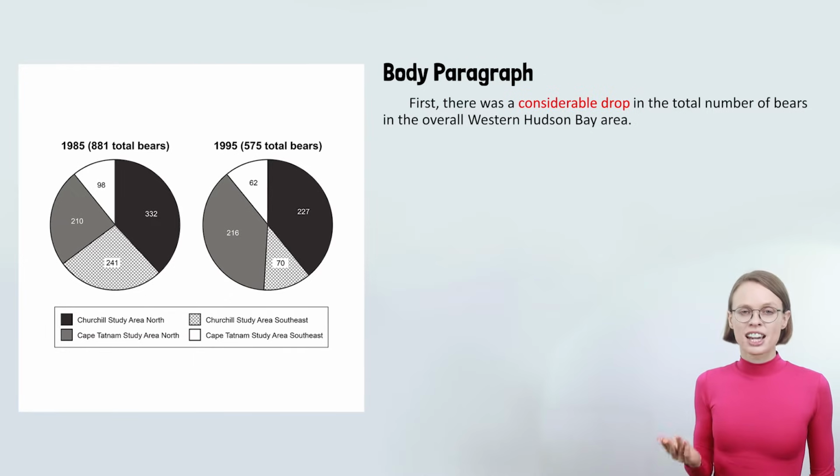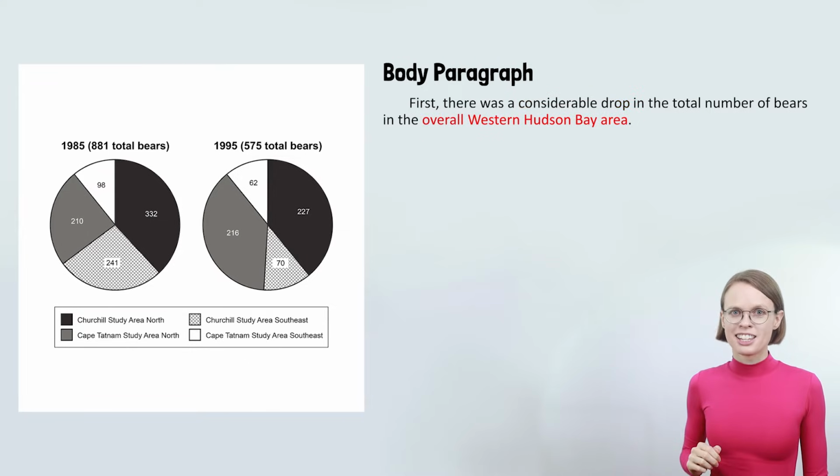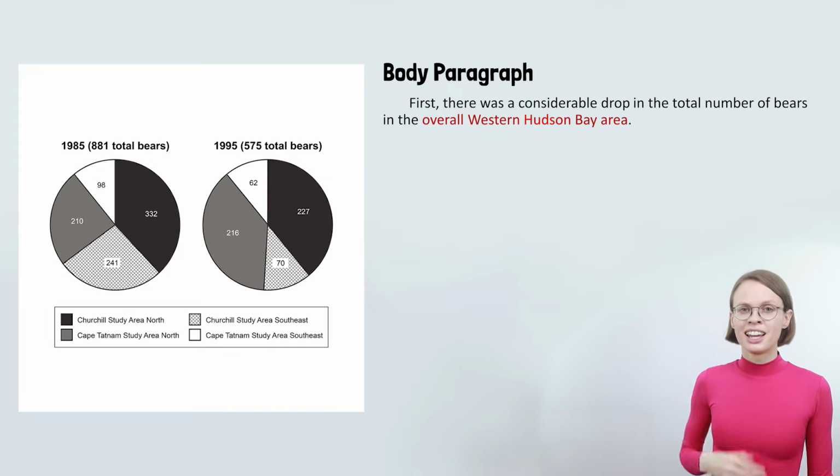You can really change the tone of the writing just by selecting different words. Further, I included "overall Western Hudson Bay area" to show that I'm talking about all of the regions. Next, I'm going to add more detail in the following sentence.